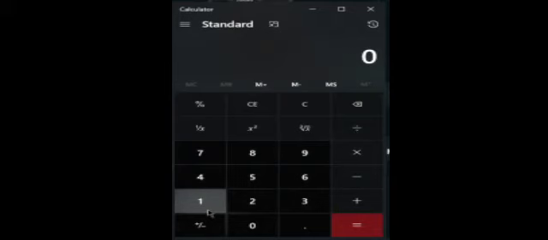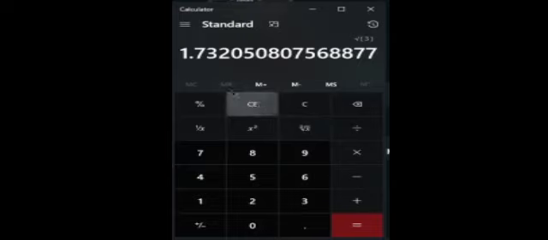What to calculate actually? The decimal value of root 3. So here is root 3 and let's take its square root. Now it's showing digits till few places only. Actually, the number of decimal places is infinite.